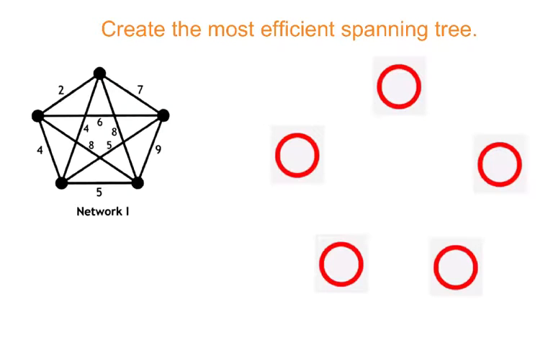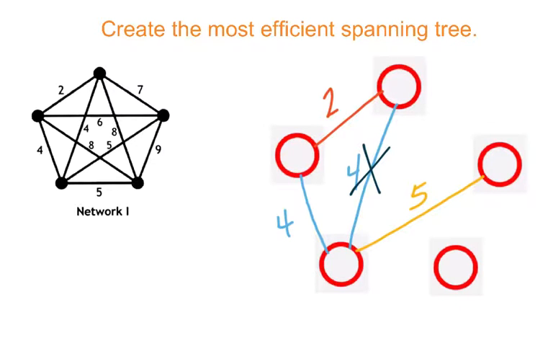So here are the 5 vertices. We want to start with the smallest number, so that's 2. We'll go with the next smallest number, which is 4, and that occurs twice. And if you look here, that creates a cycle. So we can't have this number 4 because a cycle is created. So we'll go to the next one.